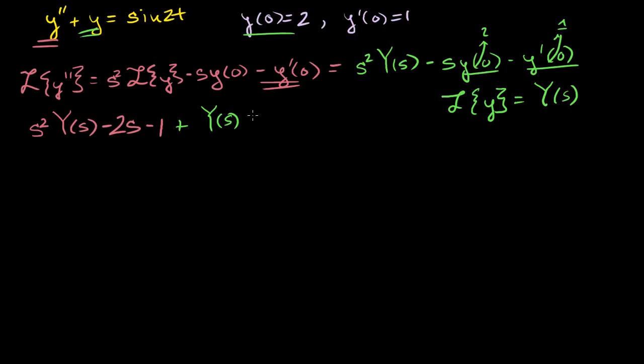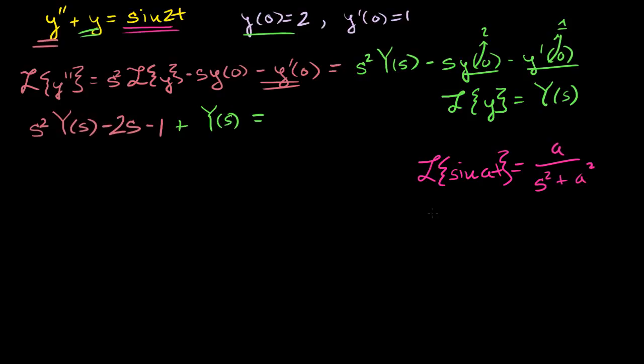And then this is going to be equal to the Laplace transform of sine of 2t. I showed you in a video last year what the Laplace transform of sine of at is, but I'll write it down here so you remember it. The Laplace transform of sine of at is equal to a over s squared plus a squared.